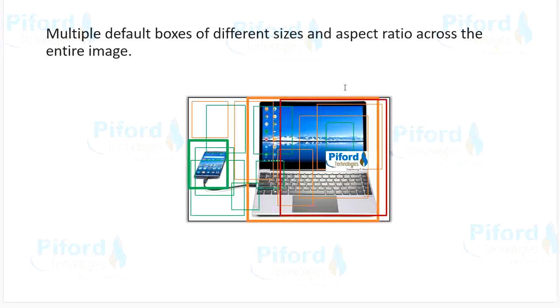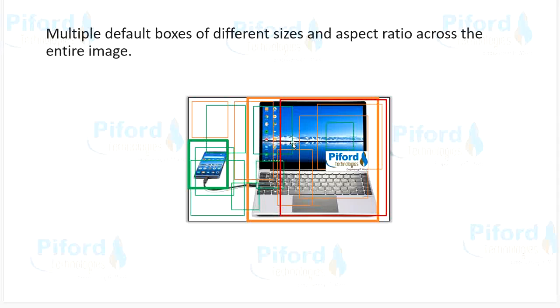On this input image we have two objects, so for the mobile we are going to have 8732 boxes, and for the laptop also we are going to have 8732 boxes. So SSD will tile 8732 boxes of different size and aspect ratio for each object.